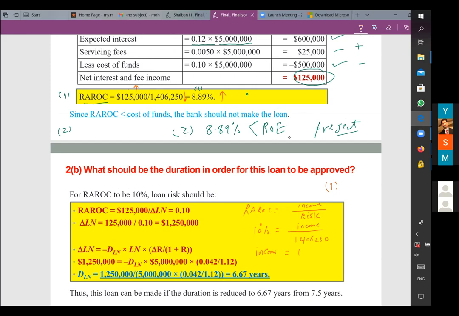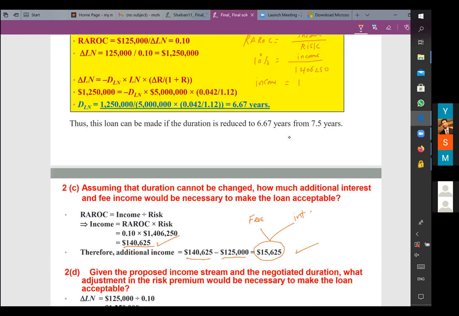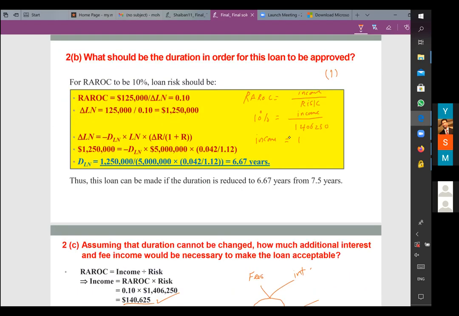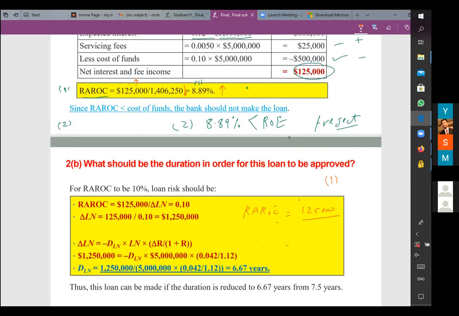The income is still $125,000, but for the risk, I will only change the timing, which means how long they will pay us.